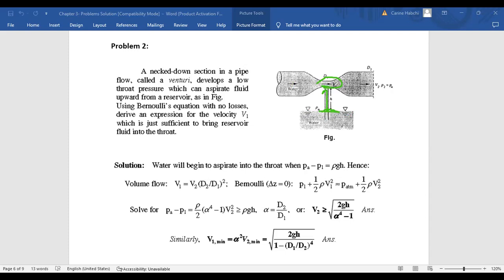What is the minimum energy needed to reach this point? We should overcome the potential gravitational energy. We want to be able to raise the fluid from here to here, okay? We should have the pressure here larger than the pressure here by an amount of rho g h, okay?